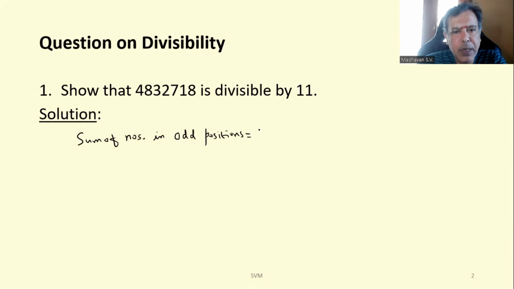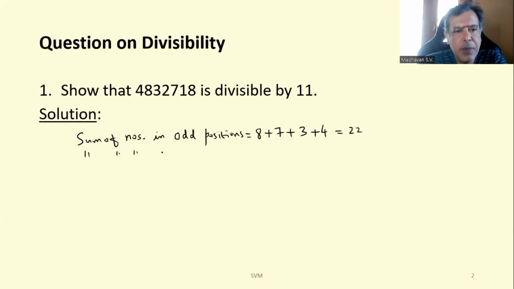Here, in the odd positions, the numbers are 8, and then 7, and then 3, and then 4. If we add this, 7 plus 7 is 14, 14 plus 8 is 22.